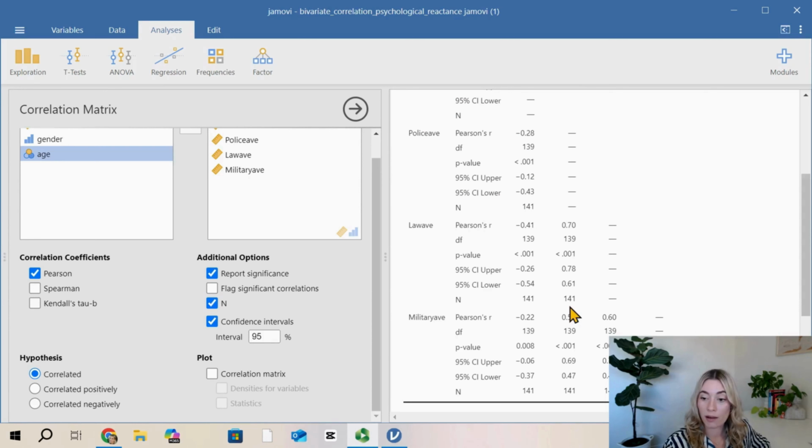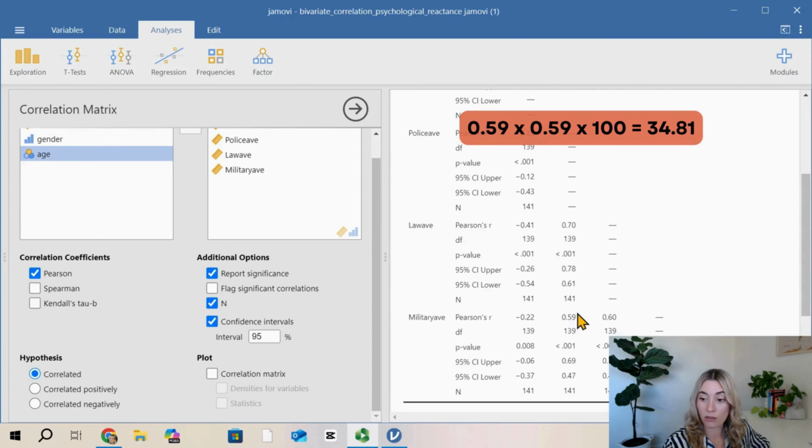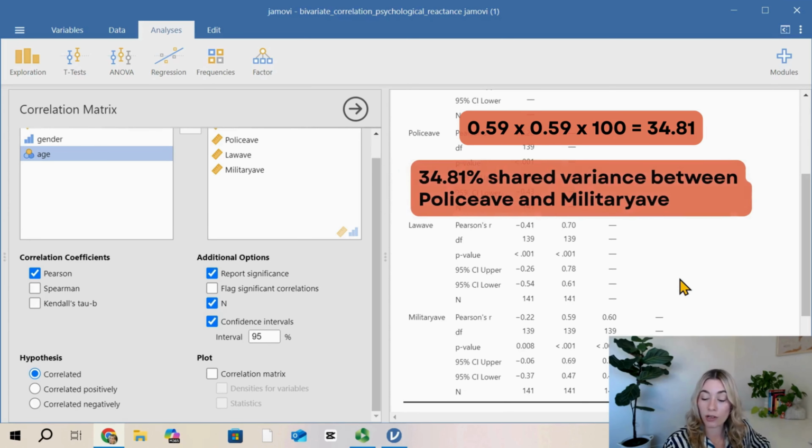We do this by multiplying the Pearson's R value for the specific comparison that we're looking at by itself, and then multiplying it by 100 in order to get a percentage. For this specific example, it would mean that we have 34.81% shared variance between our 2 variables, and this is just another way of looking at the strength of the relationship.